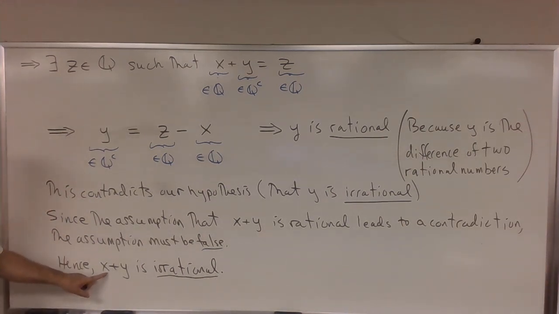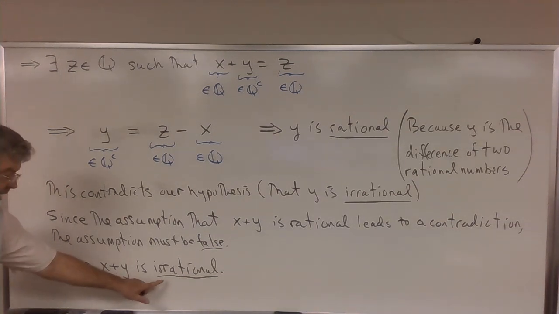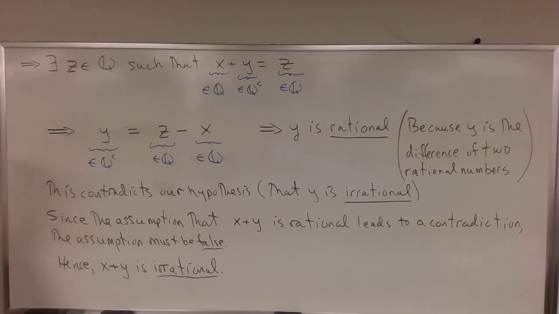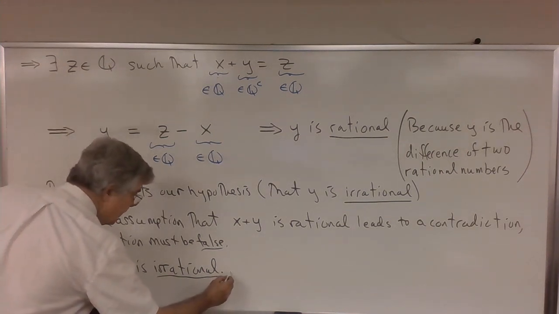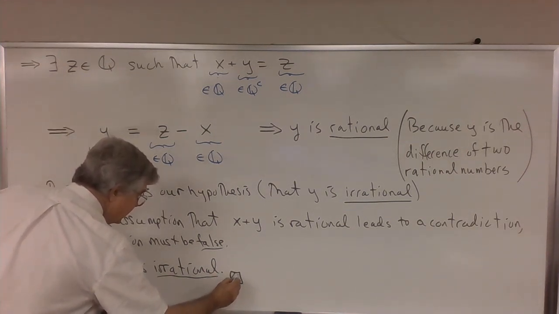So the sum of a rational number x plus an irrational number y is irrational. And that's what we set out to prove in the first place.